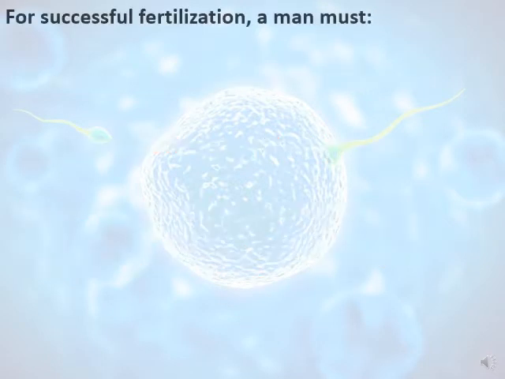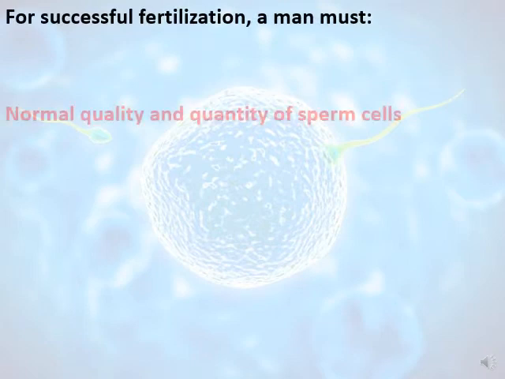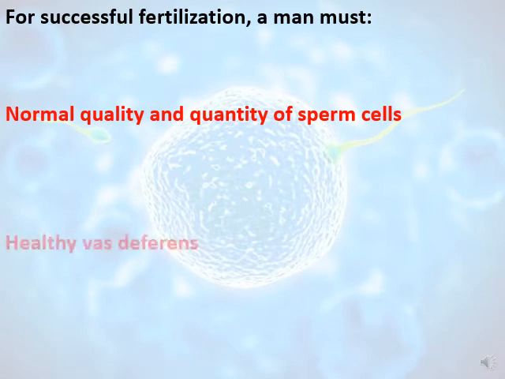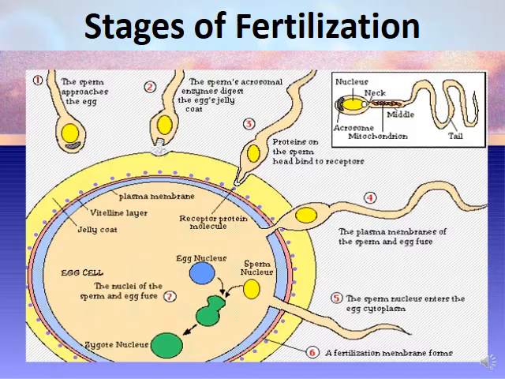For successful fertilization, a man must have normal quality and quantity of sperm cells and a healthy vas deferens. Stages of fertilization. First, the sperm will approach the egg.